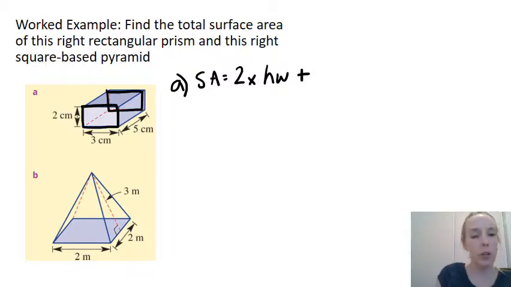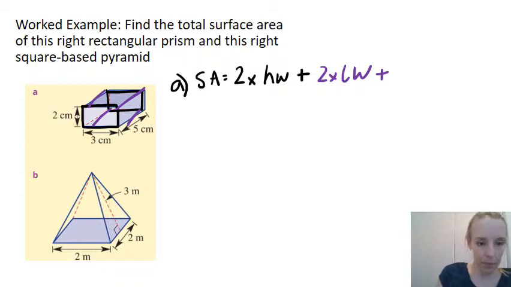Then we're going to do 2 times length times width, which will give us the top and the bottom, plus, and then I'll change my colour again, and I'm going to do the height times the width to get the 2 sides there as well.